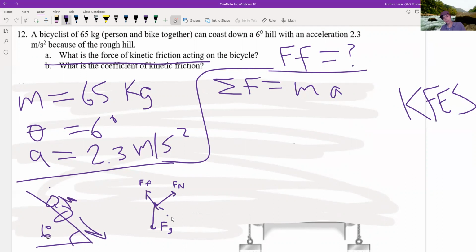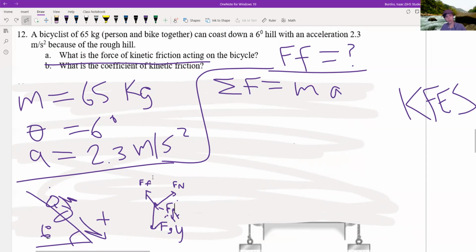so we need to make the gravity in components. We have an FGX, and we have an FGY as well. And a positive direction of motion. I'm not going to chart the forces right now, but I'll just do yellow for positive.